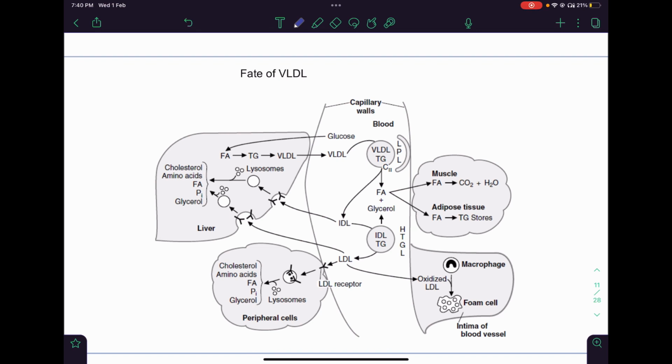VLDL originates from the liver, and eventually they contain a specific apoprotein called apoprotein B100. You need to remember this, it is high yield. Apoprotein B100 is multi in VLDL. Okay, multi, not a single unit, and that is due to pathology.